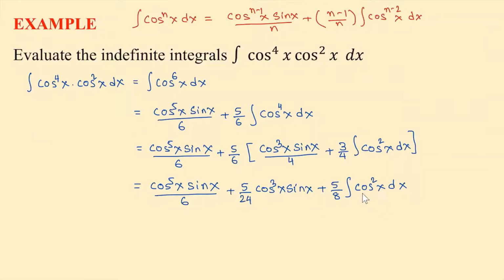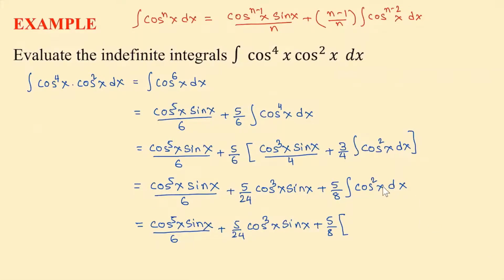I'm going to use the reduction formula one more time with n equal to 2. So in the next step, we have cosine to the 5 x sine x over 6 plus 5 over 24 cosine cubed x sine x plus 5 over 8.